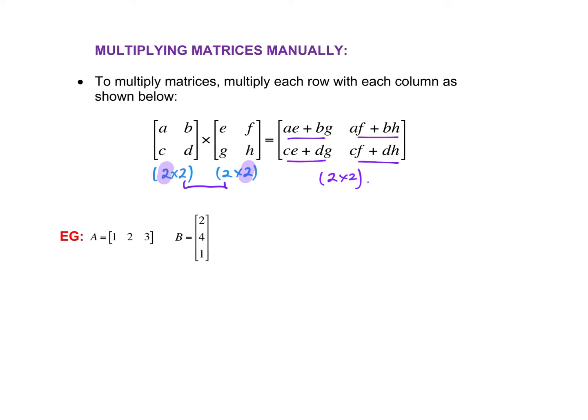So what we do when we're calculating it manually is sometimes you'll hear them refer to it as run and dive. What they mean by that is that they're going to run across there and dive down there. That's how it's going to happen. So you can see that this A is getting multiplied with that E, and then you add B being multiplied with G. So the top 2 get flipped and multiplied with the column of the second one.